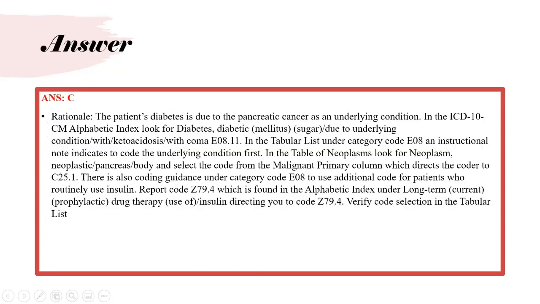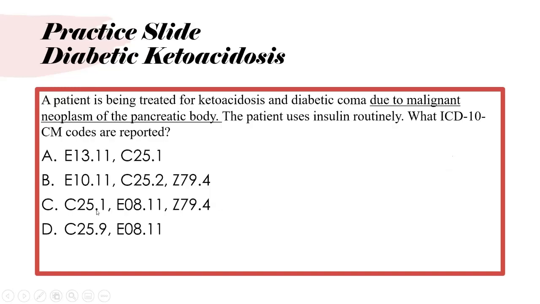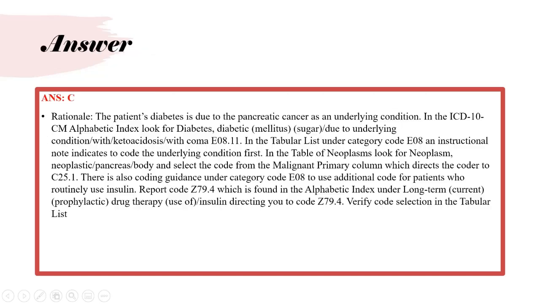So what's the answer? The correct answer is C for this particular code. Let's go back. We have the cancer, the diabetes, and the insulin in the sequence we just discussed. So I'm going to take you to the rationale, and I'll leave it here for just a short moment, and that will give you a chance to review the rationale that the AAPC has provided.